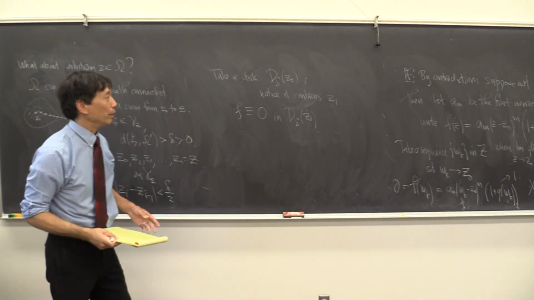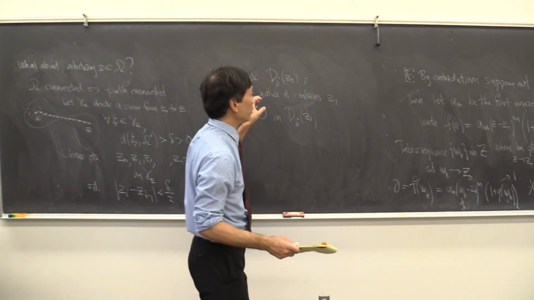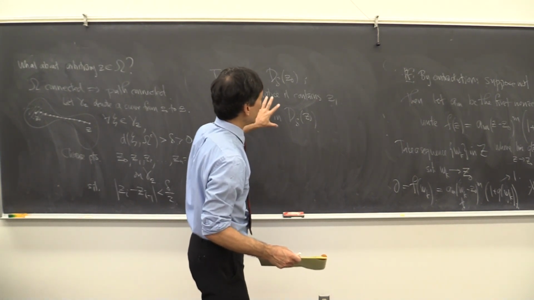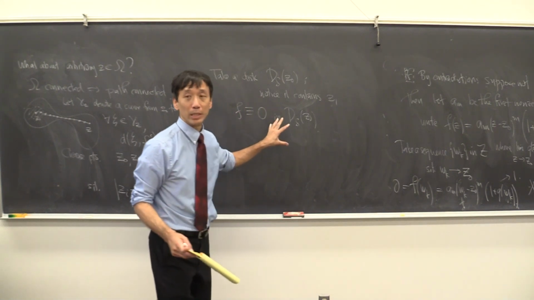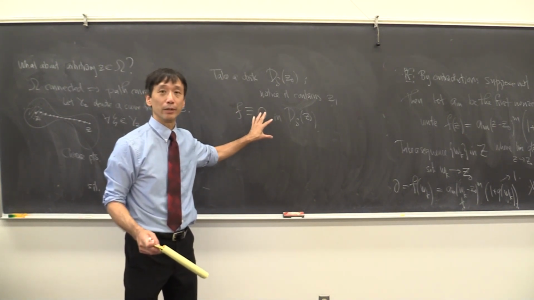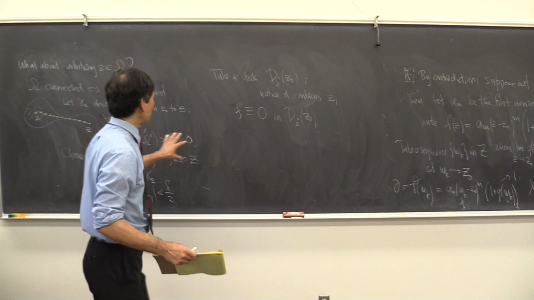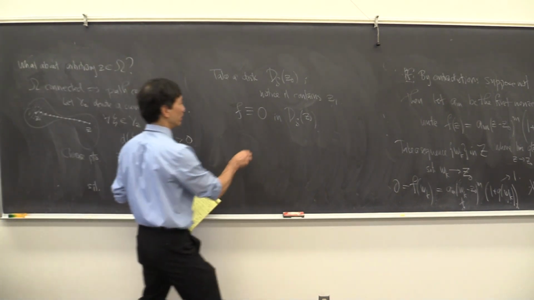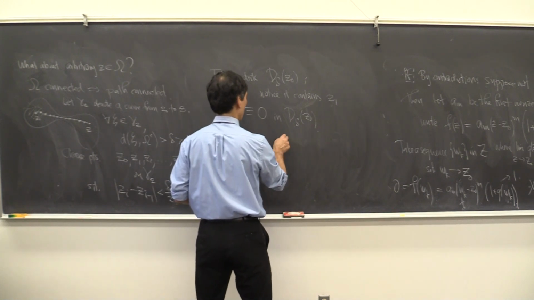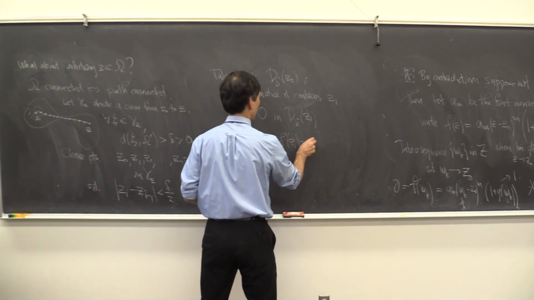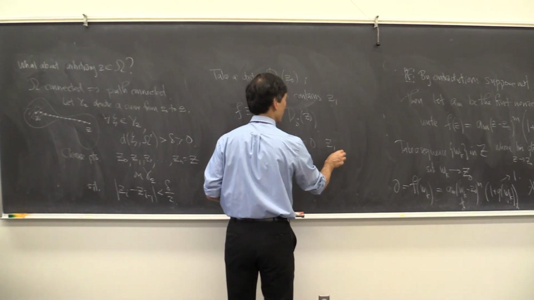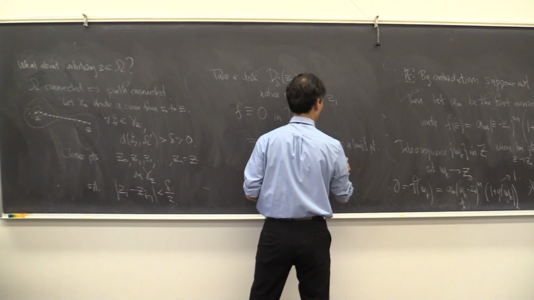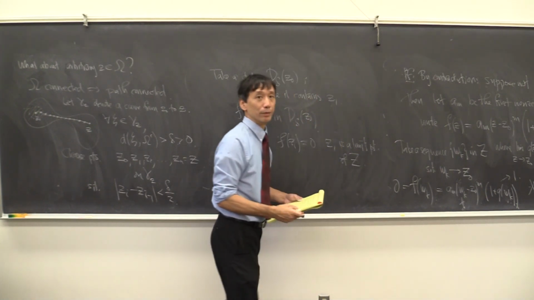Because we just showed that at a limit point of the zeros, if you take any disk about it, the function is constantly 0 inside there. Okay, but that tells you that at z1, f of z1 is 0, and in fact, z1 is also a limit point of the set of zeros.